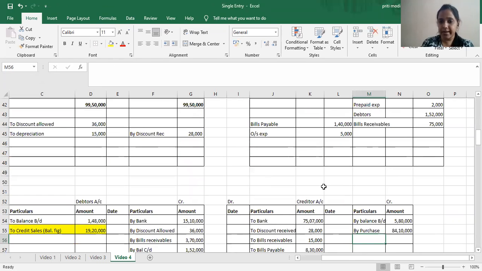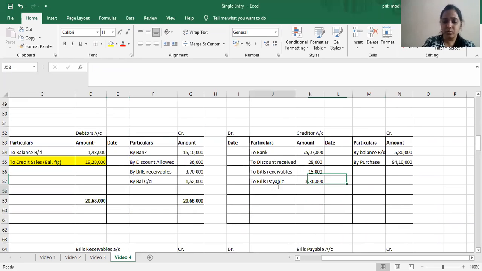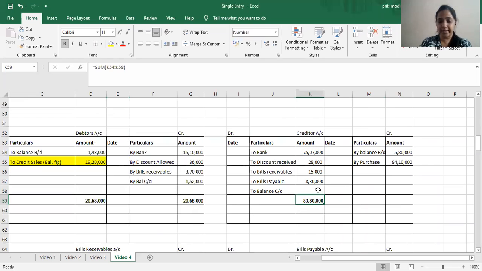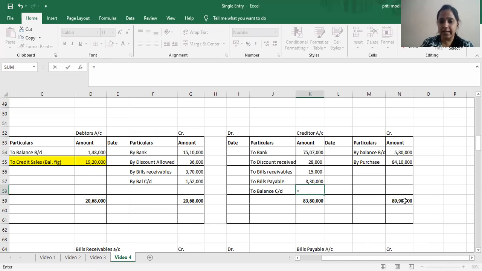So now we can get our closing balance. To balance CD, sum by sum you have to understand which balance will come out how. That is a tricky situation, but that comes with practice. So our closing balance will come as 6 lakh 10,000.